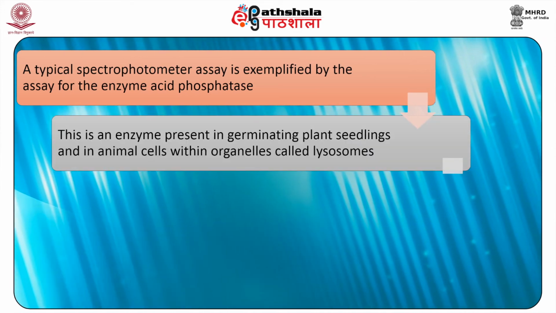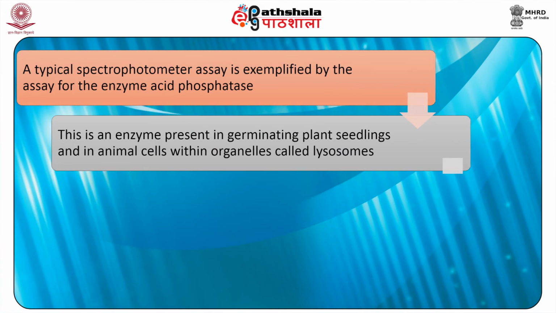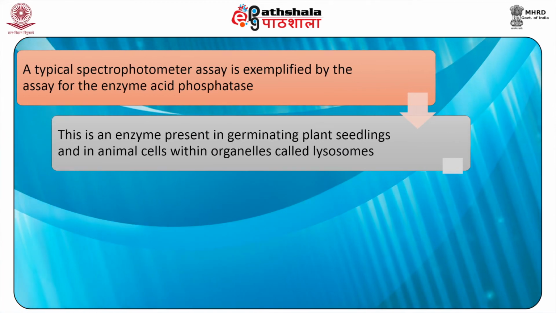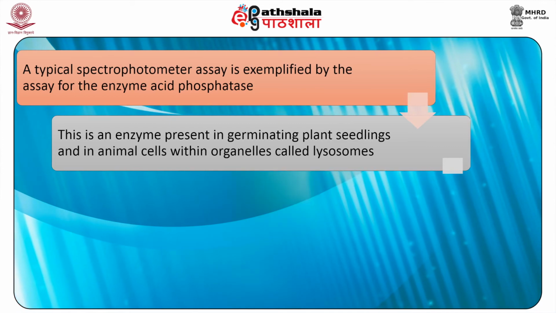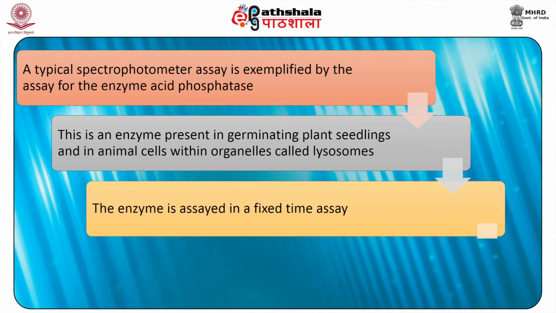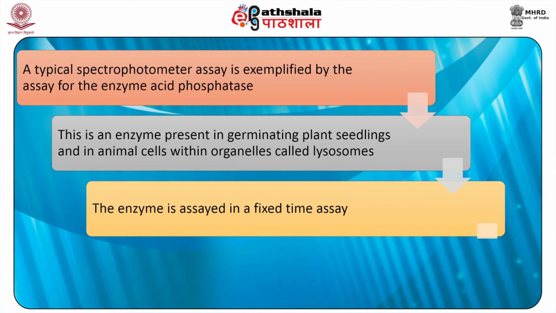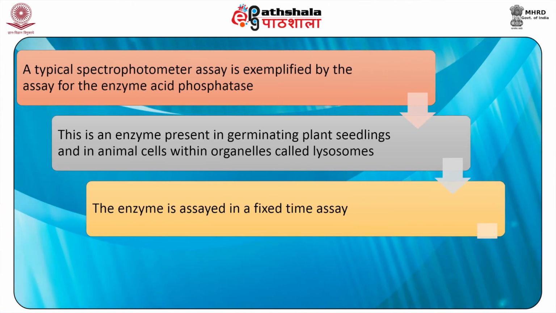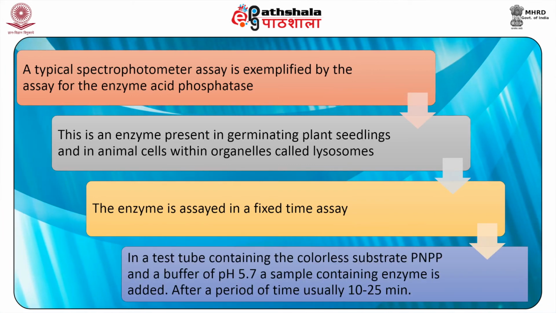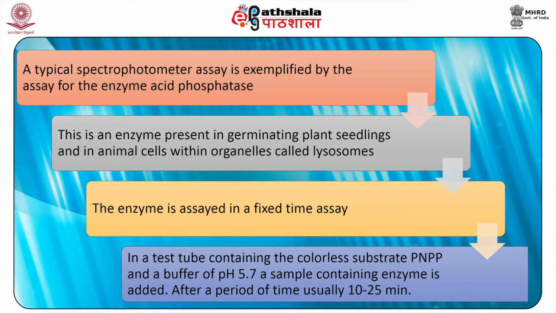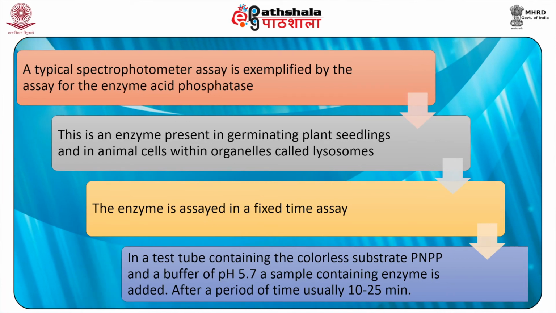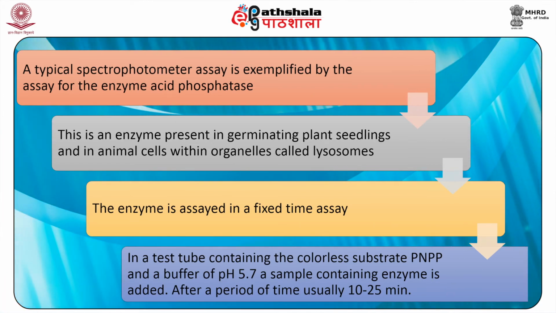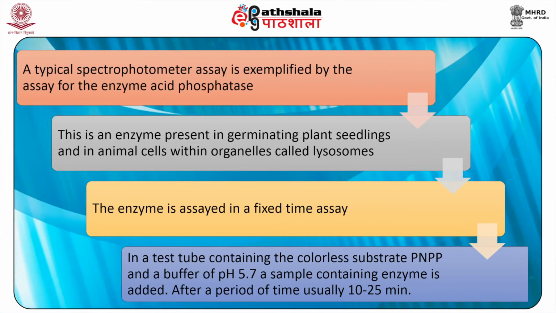This is an enzyme present in germinating plant seedlings and in animal cells within organelles called lysosomes. The enzyme is assayed in a fixed time assay in a test tube containing the colorless substrate para-nitrophenyl phosphate and a buffer of pH 5.7.